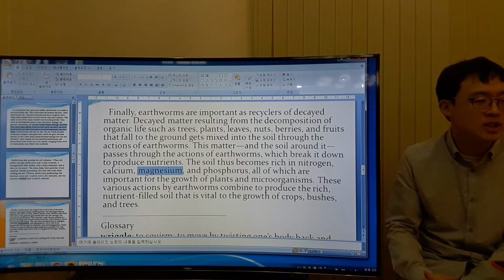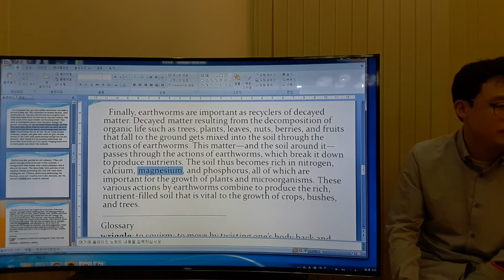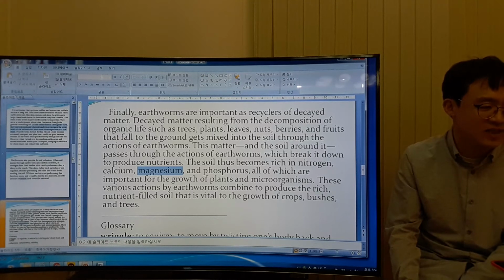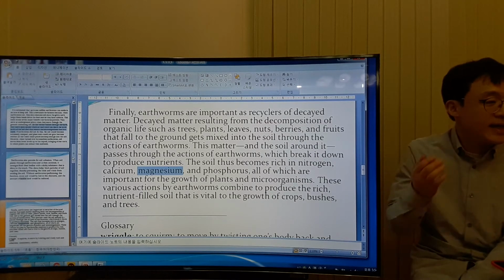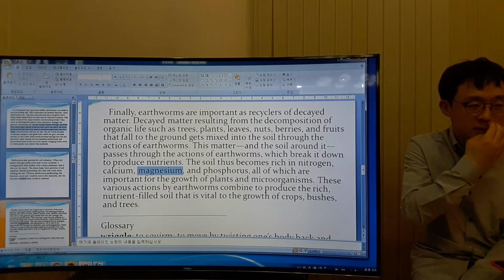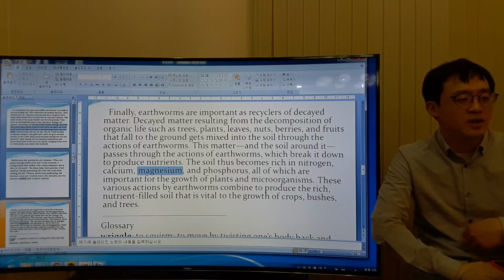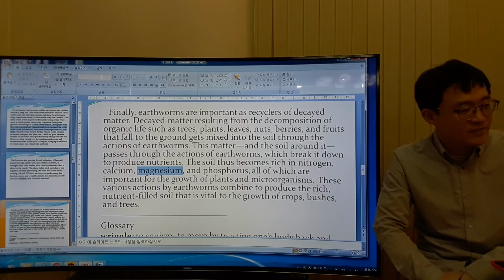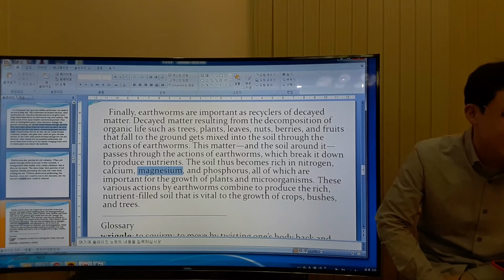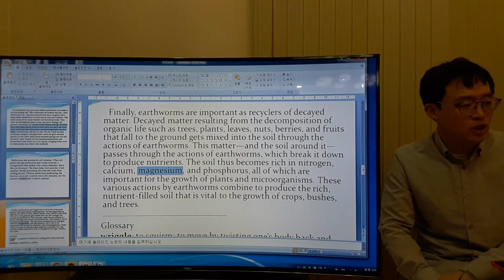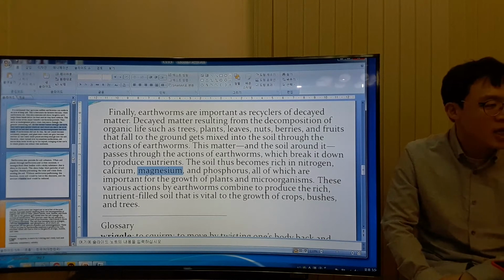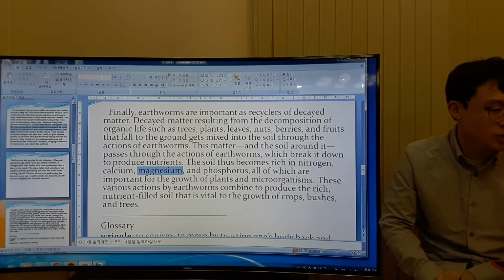All right. So what is this part about? This part is about the third function of the earthworms. They are recyclers of the decayed matter. The decayed matter coming from the chemical process after a living thing dies, of organic life, such as trees, plants, leaves, nuts and berries and fruits that fall to the ground, gets mixed in the soil through what the earthworms do.